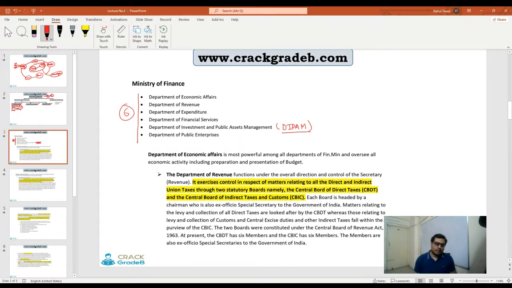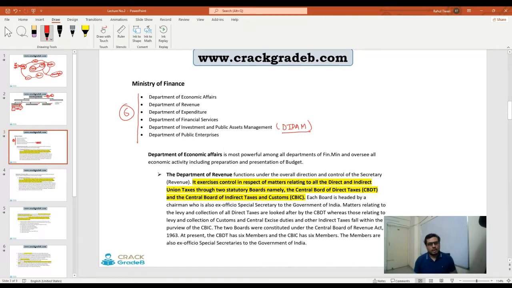So from 1991 onwards, the Government of India opened many sectors where private companies were not allowed, right? And gradually the Government of India found that many of the government companies were not working efficiently, so it was the right time to sell off their holdings in those government companies.